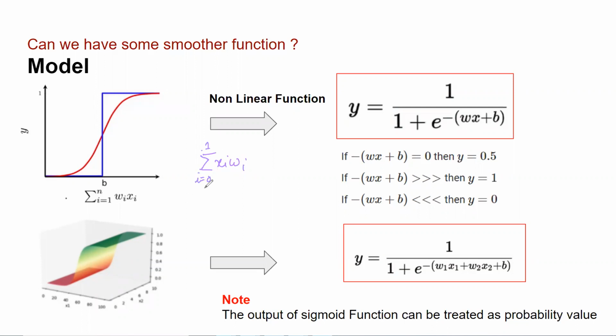If I want to expand it, I can have W1 x1 plus W0 x0, where my x0 is 1, and W0 is B. Or if I want to further simplify it, I can just write Wx plus B.